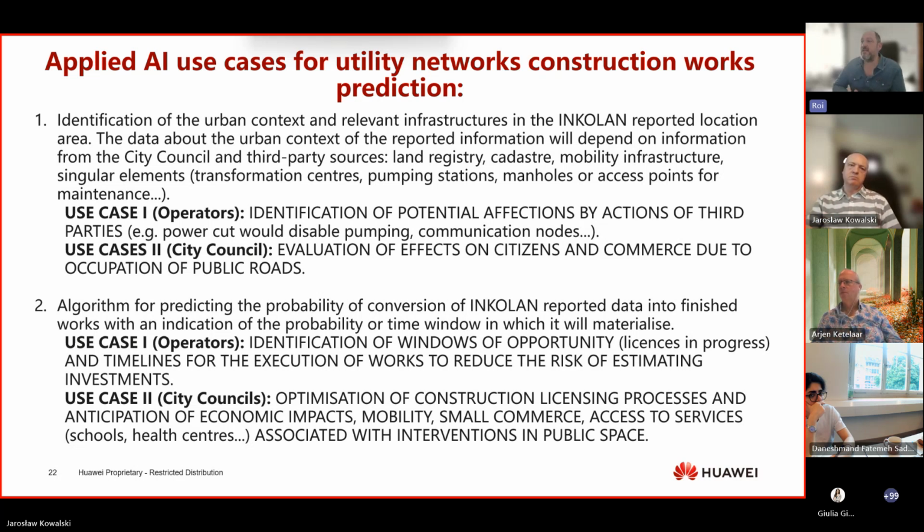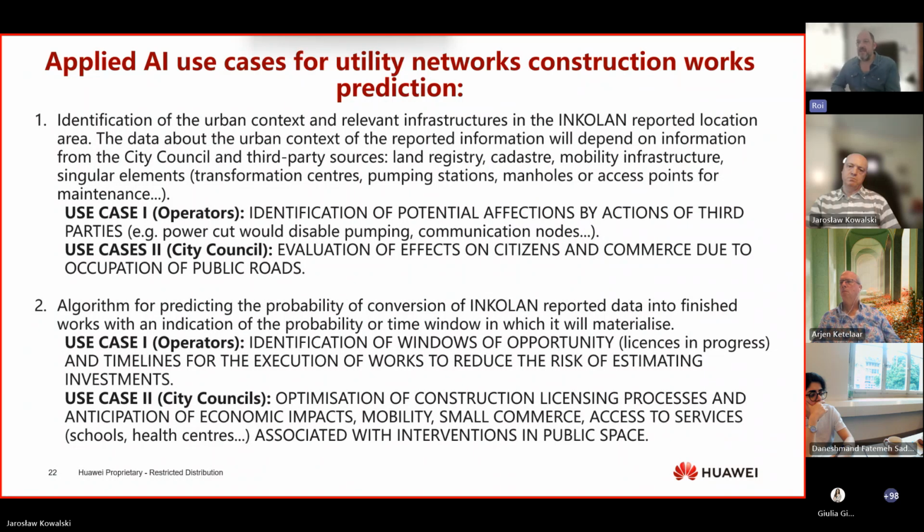And also a second point on an algorithm to measure the probability that a work from Incolan will be finished, and also the estimation of the time frame when this work will be finished. Also for this, we have two different potential use cases involving operators and involving different city councils.